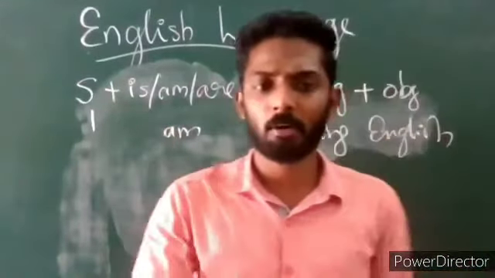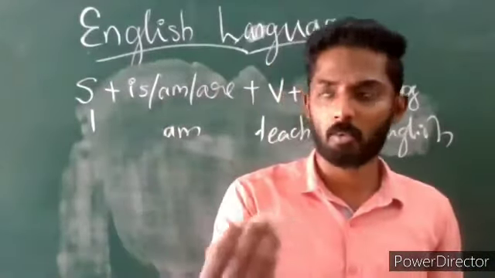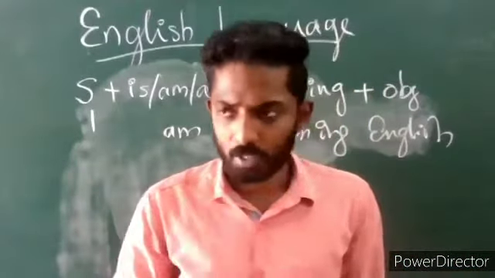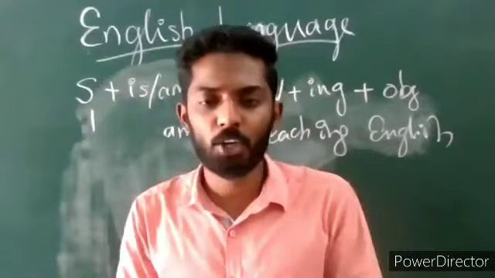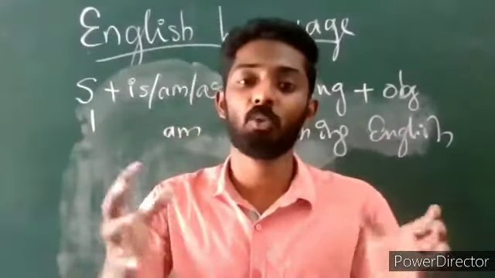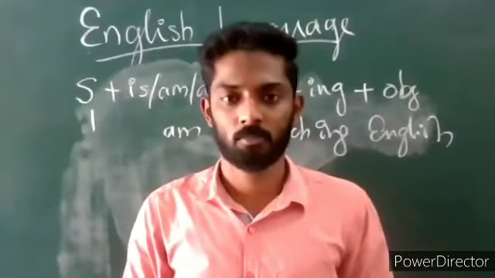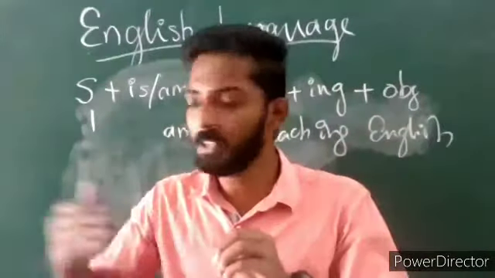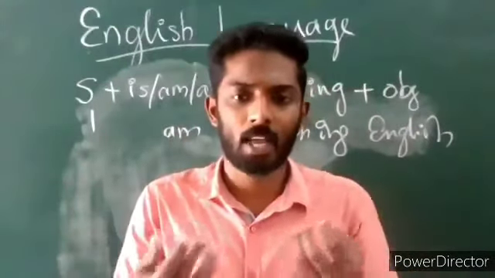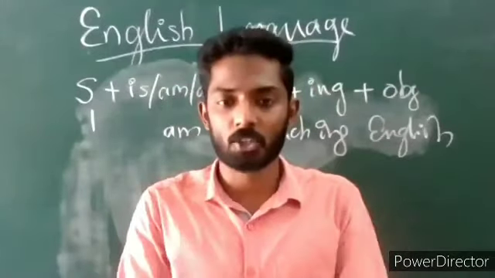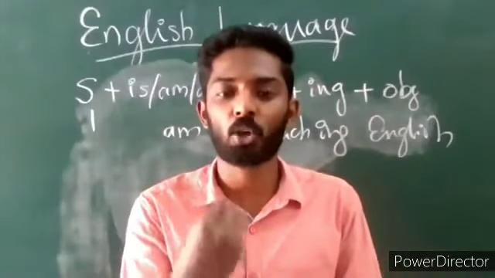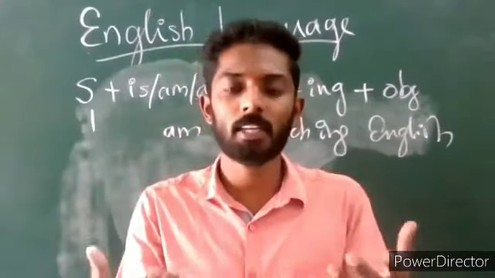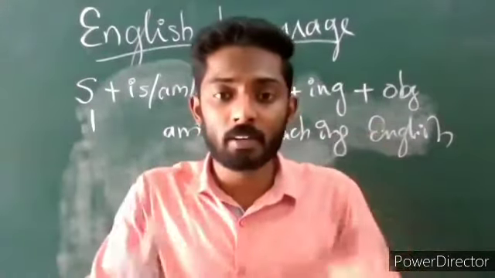Rather, I will speak about the usages of the present continuous tense. Basically, present continuous tense is used to indicate what is happening now, because it speaks about the present action which is continuing. For example, I'm teaching English. I'm talking to you. You are listening to me. All these are things which are happening now.